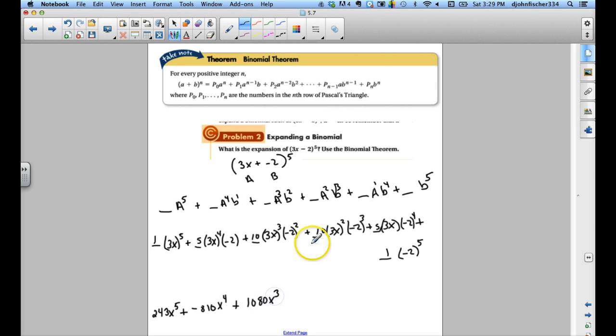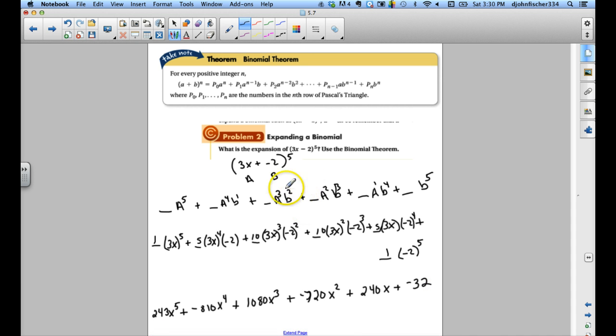X to the 3rd plus, now let's see what we got here. 9 times negative 2 cubed is negative 8, so that's a negative 72 times 10 is a negative 720 x squared plus negative 2 to the 4th is 16 times 3 is 48. 48 times 5 is 240, I believe. 240, and there's an x there. And then plus, and then negative 2 to the 5th is a negative 32.